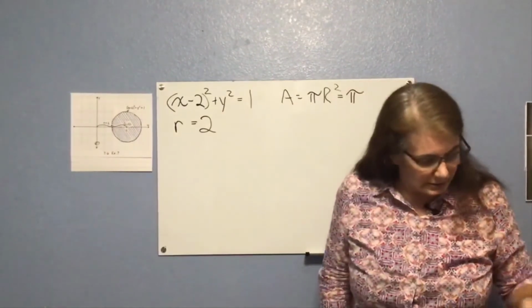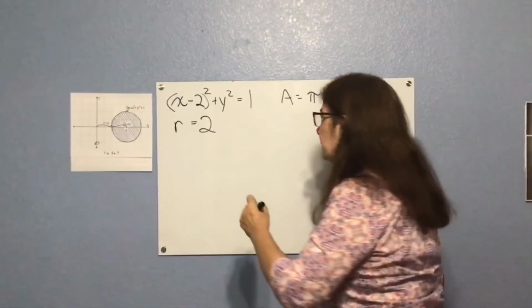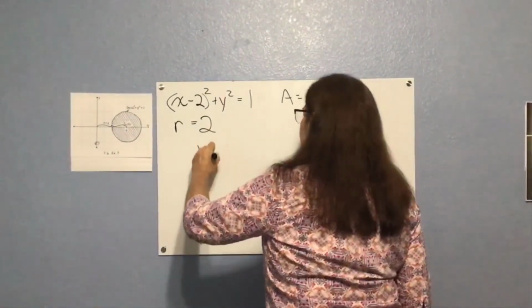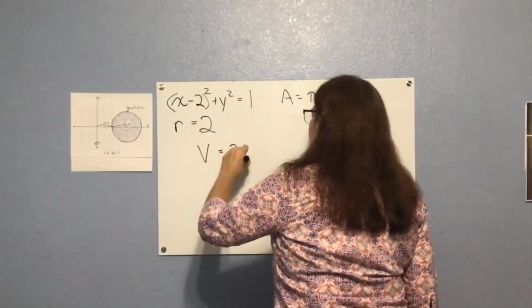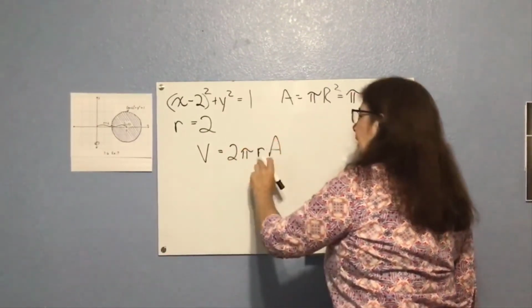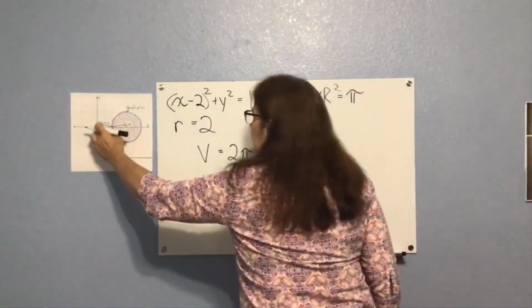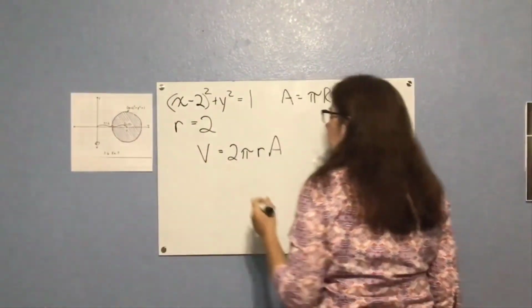Now we're going to use Pappus's equation, which is volume is equal to 2 pi rA. And this little r is not the radius of the circle, it's the radius of the rotation.